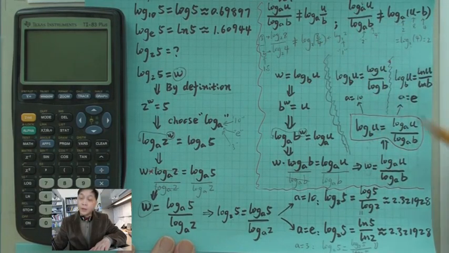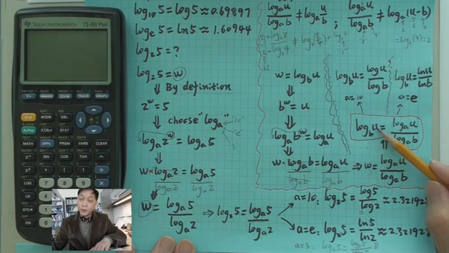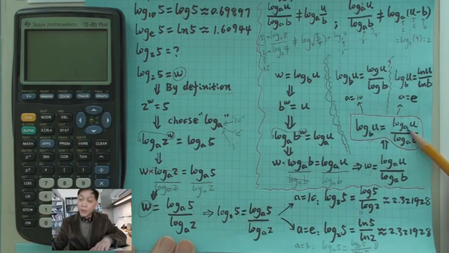And again, this formula has log of B to the U in front of it, and then you can put any A here. A can be 10 and e, those are two popular values, but A can be 3 also, can be 4, can be 100.